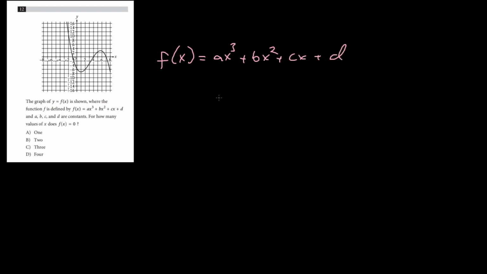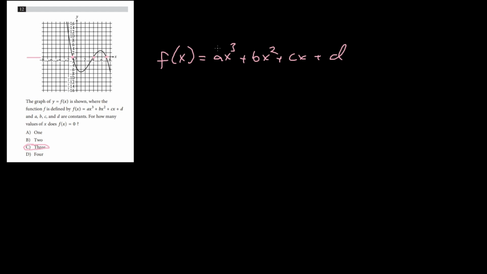Now, there's two ways we could do this. We could just do this by inspection, just by looking at the graph. And so that would get us, here's one at x equals -1, there's one here at x equals 4, and there's one here at x equals 7. So you can see that happens 3 times, so the answer is going to be C.